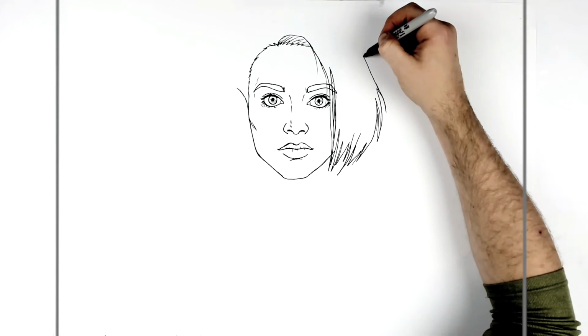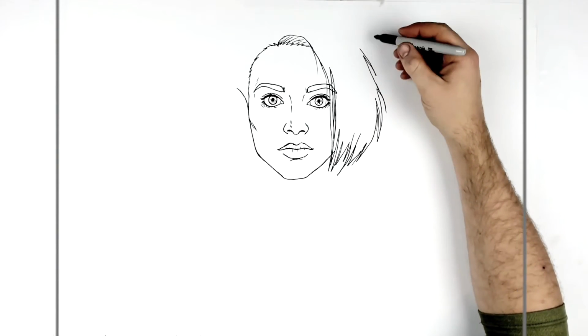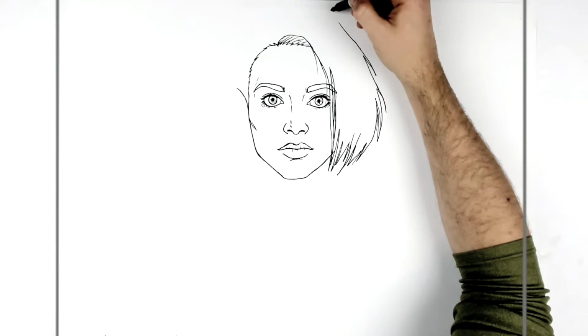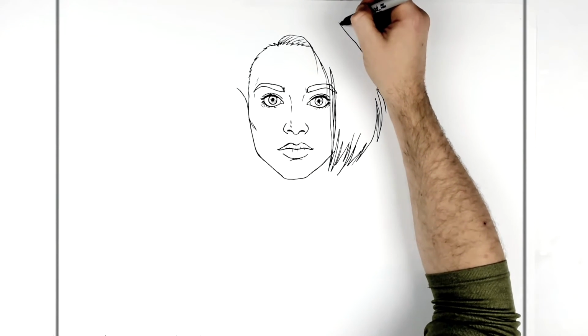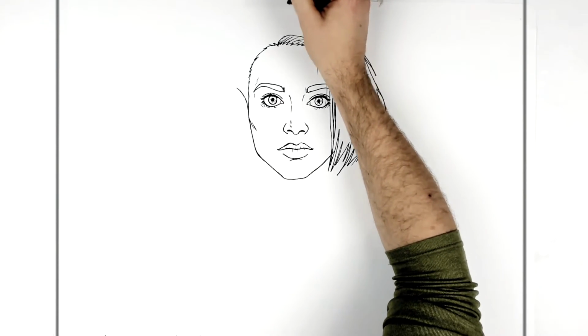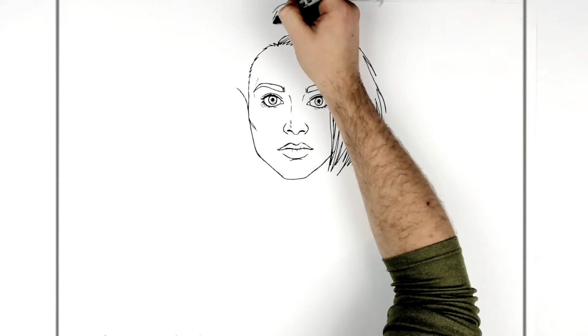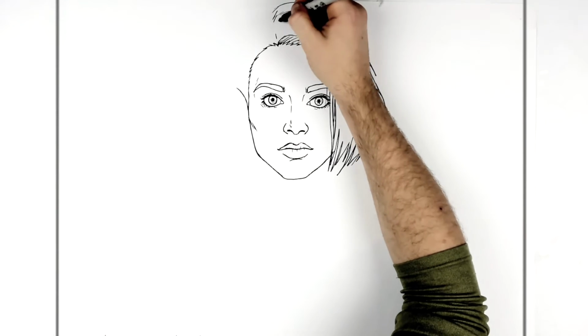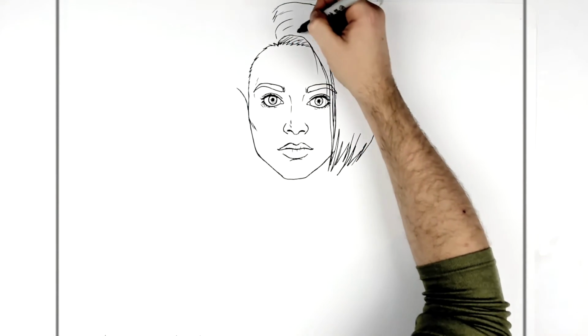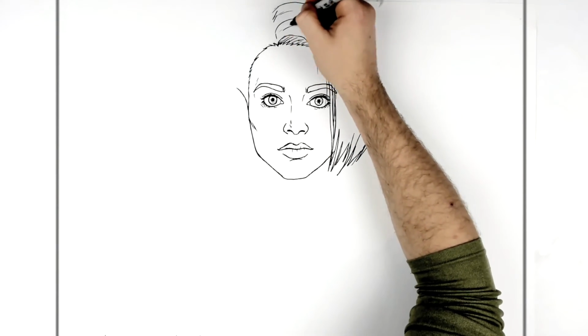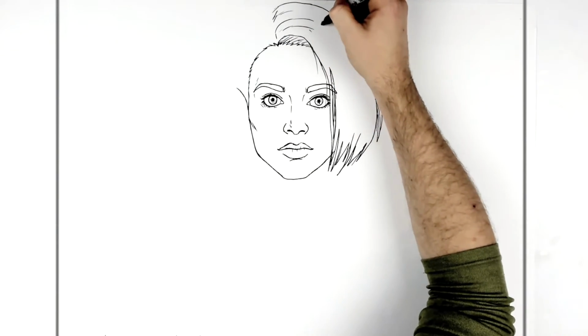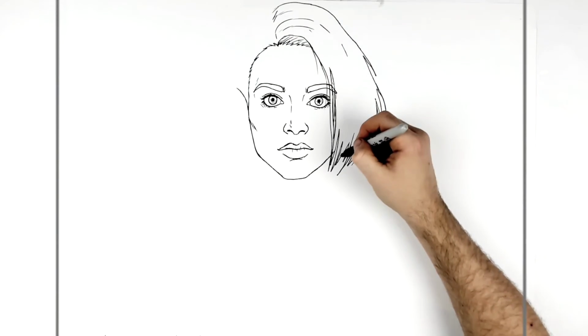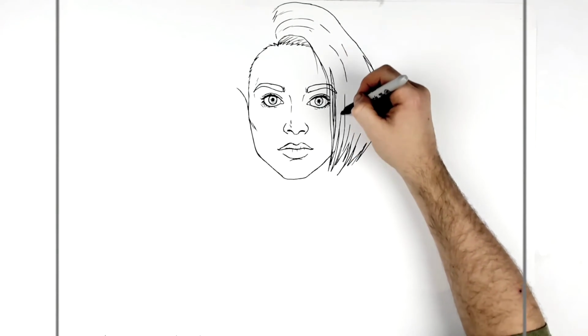Like this kind of stuff coming up around, and it'll eventually come around to the top of her head, down to where this part is, right? So you'll have like a part in her hair here, and the direction of her hair goes like around this way, and you'll have texture lines coming down her hair.